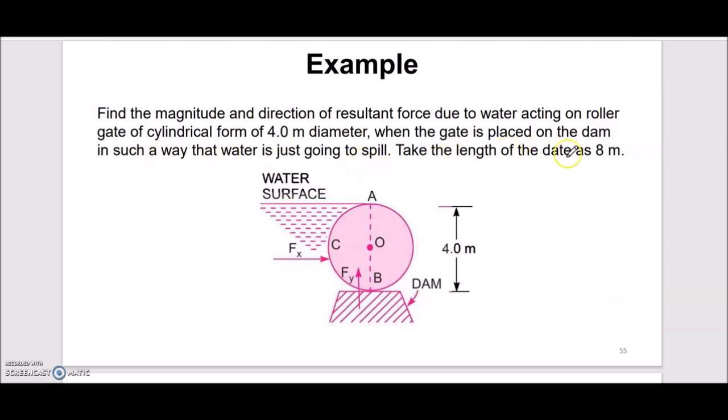Take the length of the gate as 8 meter. The length means when we project it in this direction, it is 8 meter. The diameter is 4.